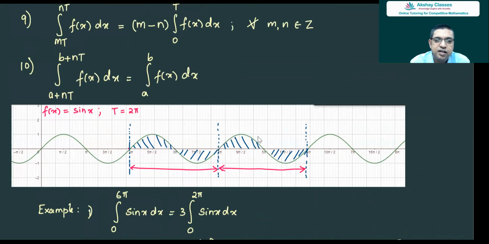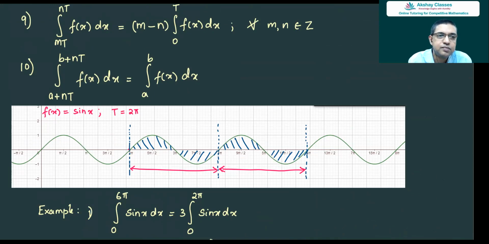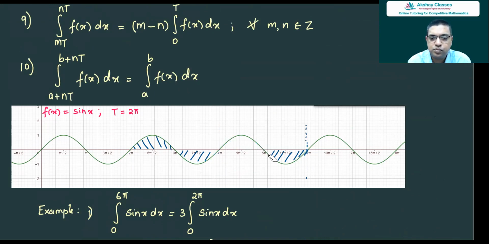Let us look at the figure now. So let's look how this is. From pi by 6 to pi by 2, this is pi by 2. So 1/3 of this is pi by 6.